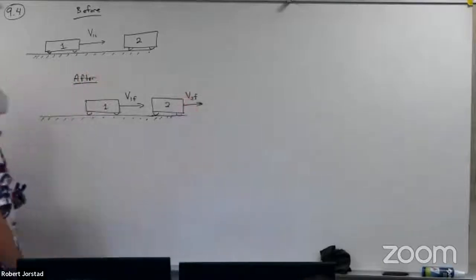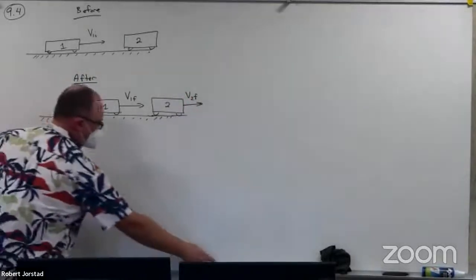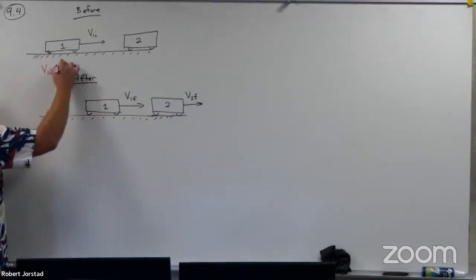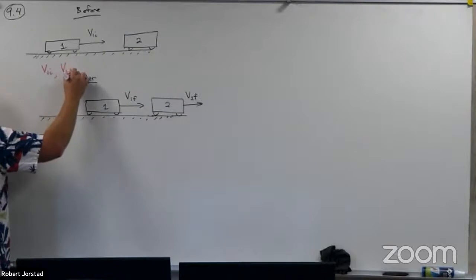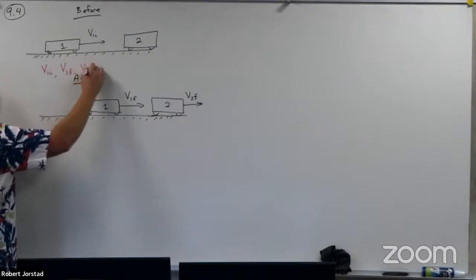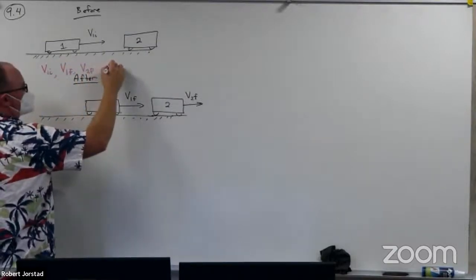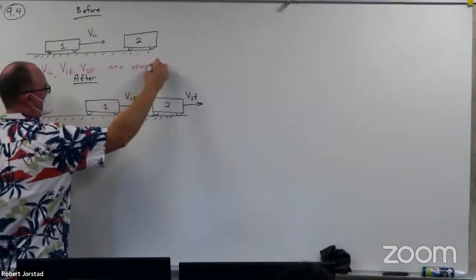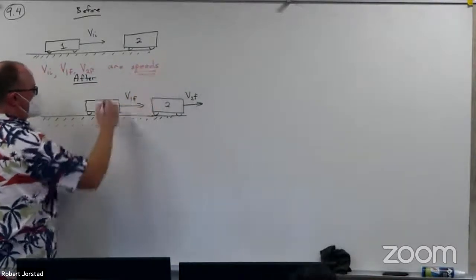I want to be clear about something. In particular, V1 initial, V1 final, and V2 final, we are assuming are speeds, not velocities.